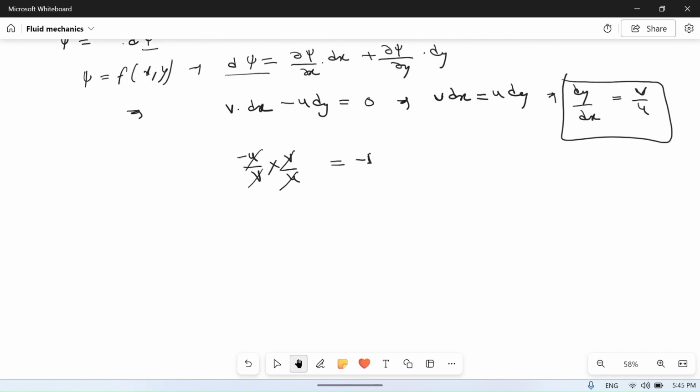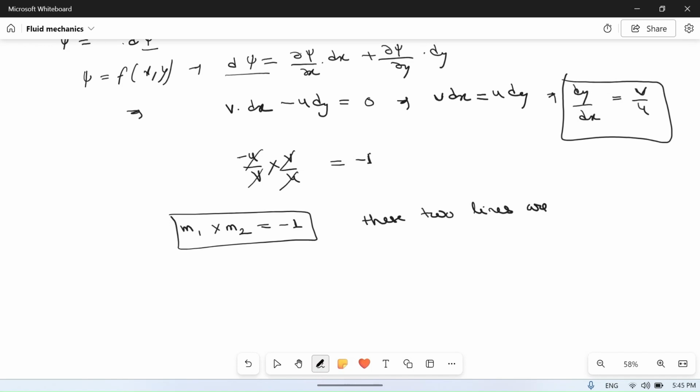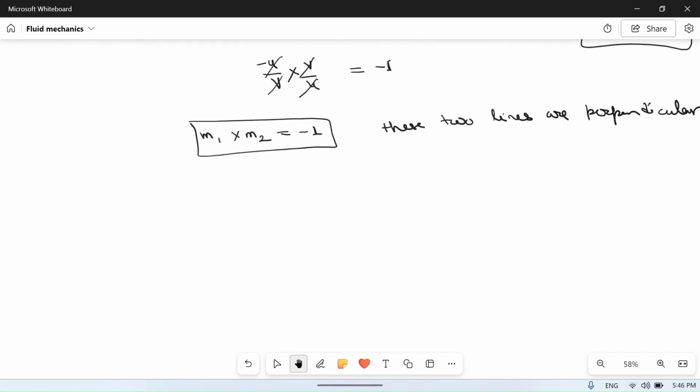And we know that from the formula m1 into m2 is equal to minus 1. If multiplication of slopes of two lines is minus 1, then these two lines are perpendicular to each other. Okay, so it means equipotential line and constant stream function line are perpendicular to each other.